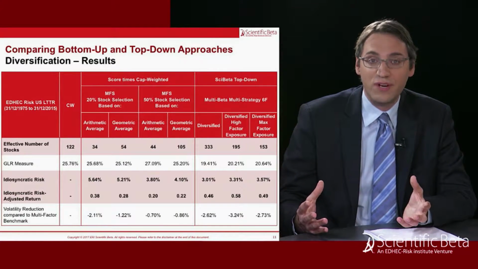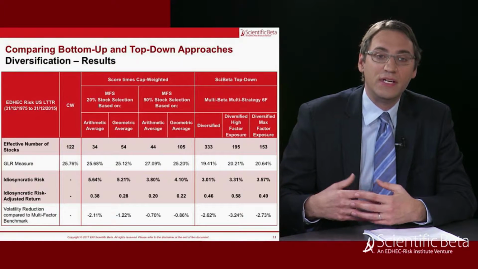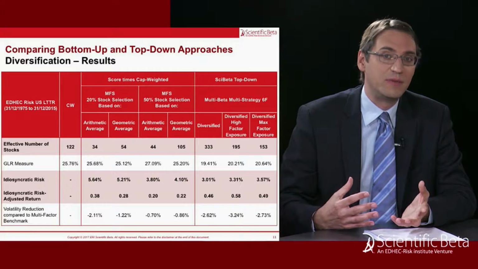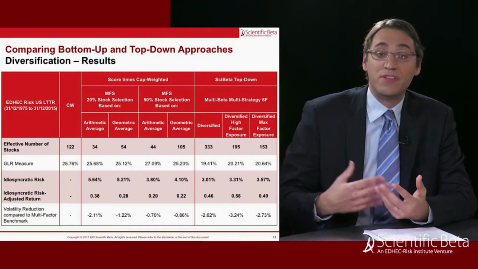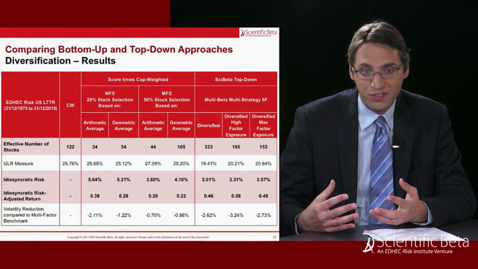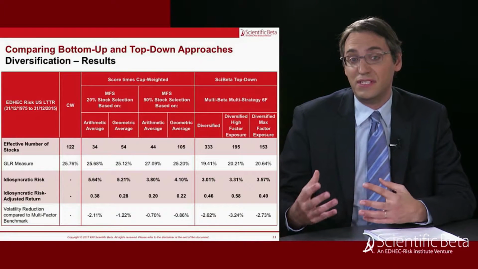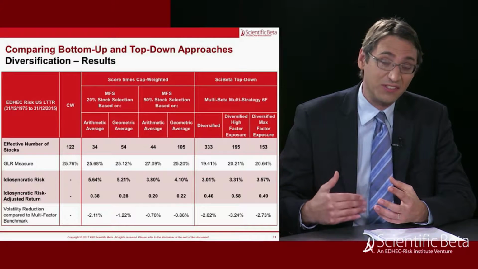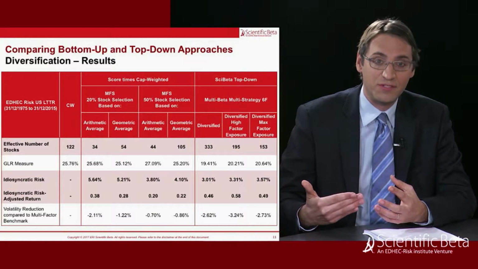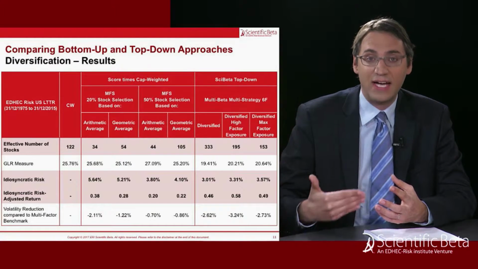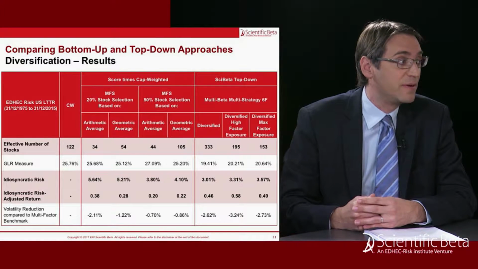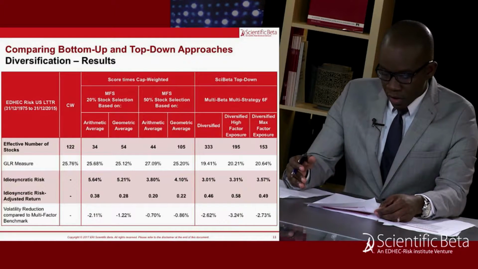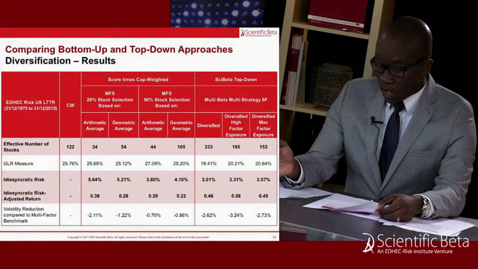And here too, you see a drastic difference. With the top-down approaches, you get something like 150 to about 300 in terms of effective number, whereas with the concentrated bottom-up approaches, you end up with something like 30 to about 50 effective stocks. So you have a high level of concentration, and that translates into this high level of idiosyncratic risk.